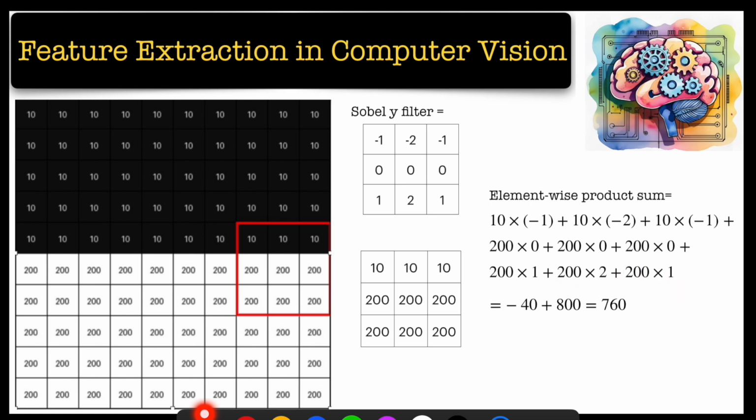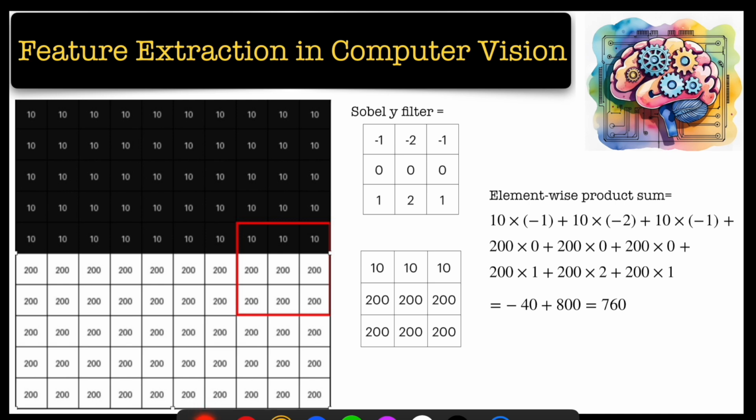So the first row gave minus 40 and the third row gave 800. So the value is 760. It's very high. That's because on this side we have darker and on this side we have brighter, so the intensity change is much higher. So we got one horizontal edge.